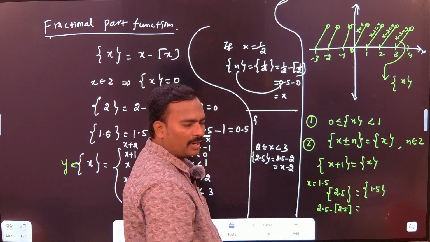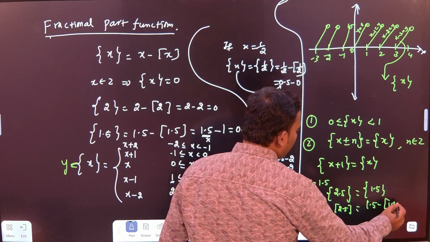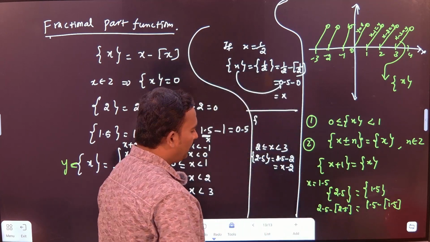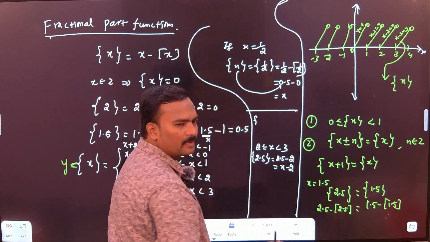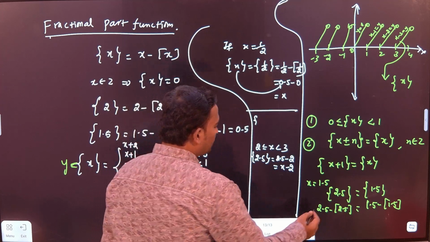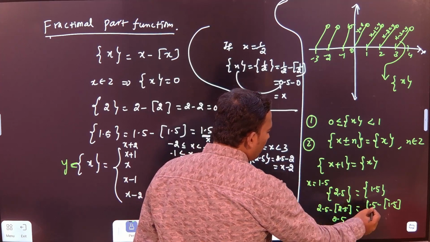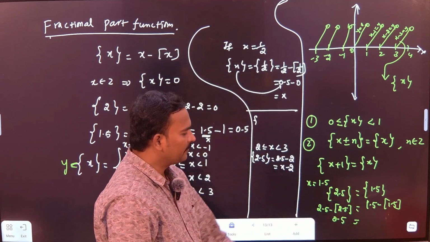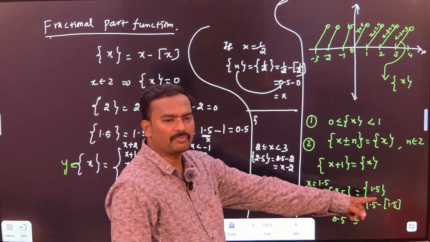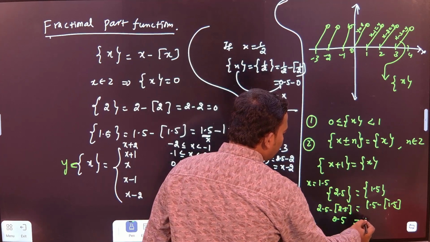And the 1.5 fractional part is what? 1.5 minus the greatest integer function of 1.5. Clear? So the greatest integer function of 2.5 is what? 2, right? So 2.5 minus 2 is what? 0.5. 1.5 minus 1 is what? You know the greatest integer function of 1.5 is 1. So therefore 1.5 minus 1 is 0.5.